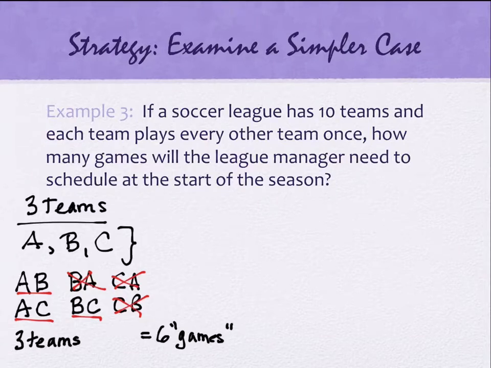So each of the teams, how many teams? We have 3 teams. How many games did each team play? 2. They each played 2 games. This is where our 6 came from. We had 3 teams, and each team played 2 games. 3 times 2 is 6.